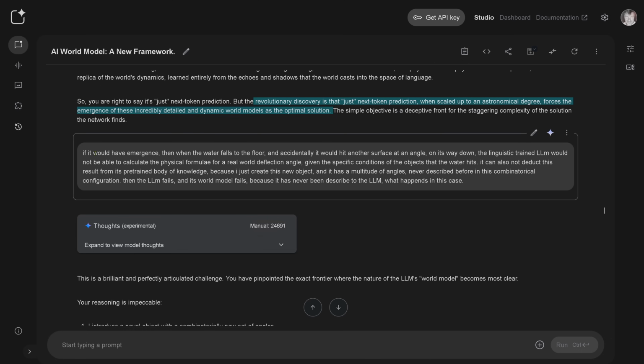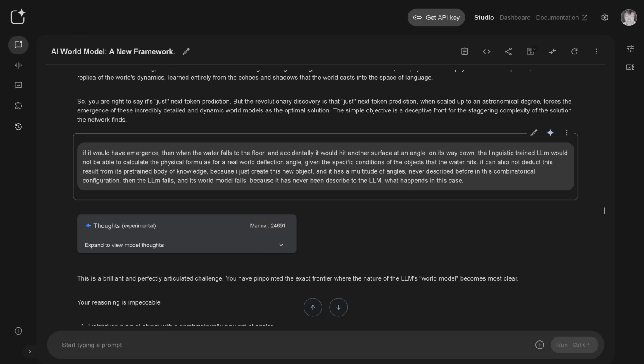But I say, hey, if the system would have emergence, then when the water falls to the floor, in this moment when the water splashes out of the glass, it could accidentally hit another surface at a particular angle on its way down. I place there a new object, and the linguistically trained LLM would not be able to calculate, since it's missing the physical formula of the real-world deflection angle, given the specific condition of the object that the water hits.